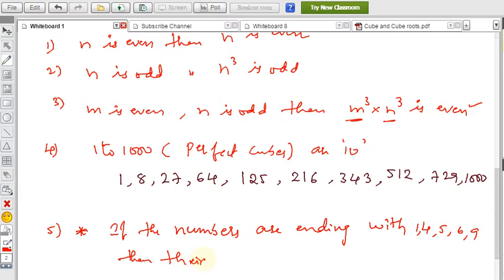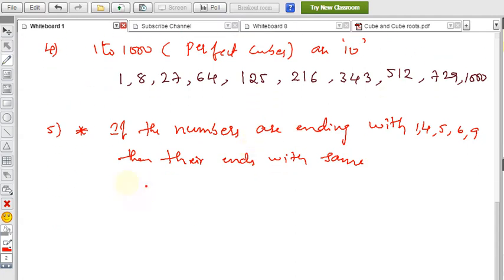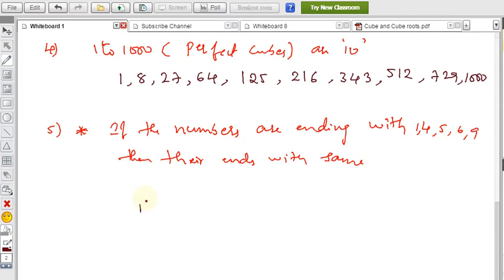For example, if you take 1 cube, the same 1 will come. The same number they will end with. I'll show you. 1 cube, getting 1. 4 cube, 4 4s are 16, 16 4s are 64, so you are getting the same 4.